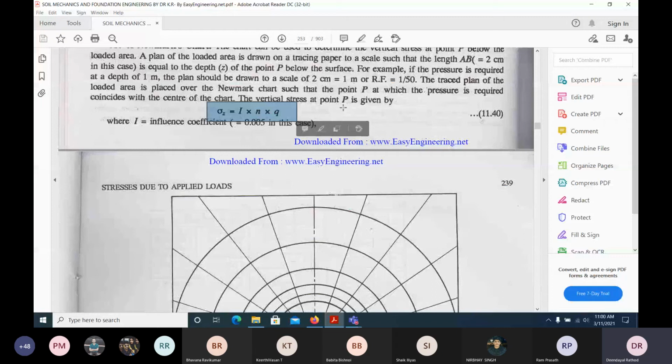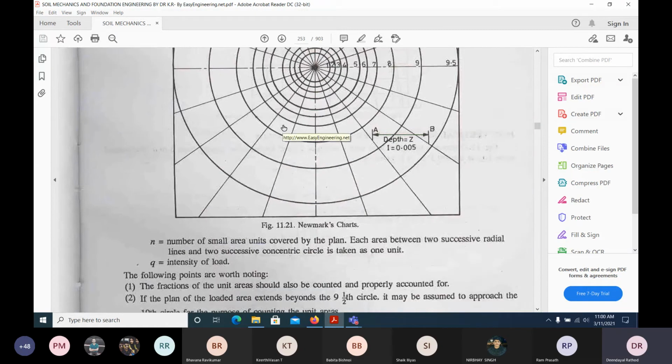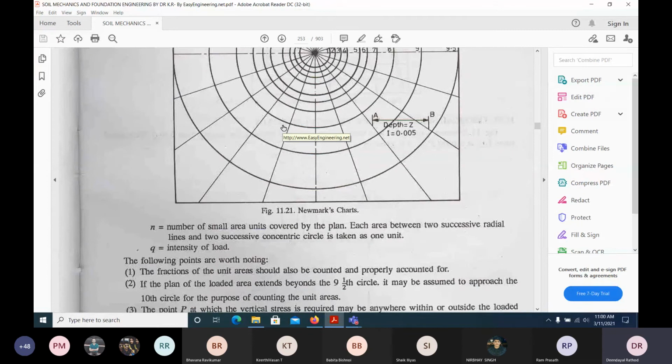How do you have to remember I N Q? Here I is the influence coefficient, Q is the intensity, and N is the number of small area units covered by the plan. That means when you keep your foundation, suppose I have some rectangular foundation, I will keep that area drawn to some scale on the chart.